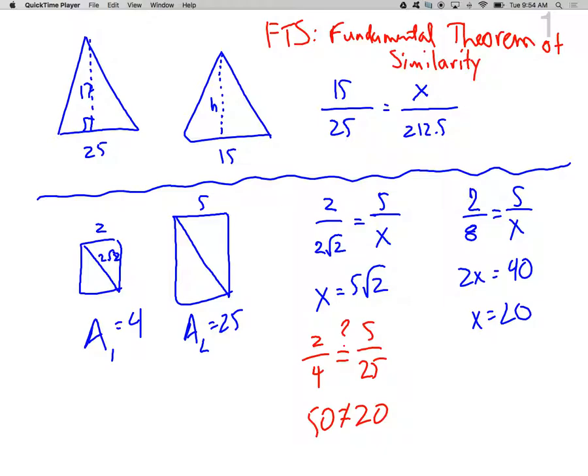Or a proportion? Good. I tried that though and it didn't work. So I need a little something in order to get it to work. Let's go to the next slide. Wait, fundamental what? Theorem of similarity.